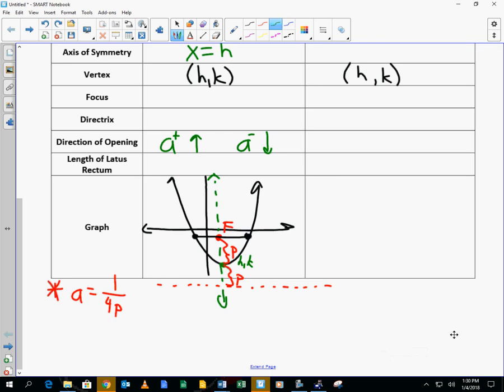Now, what we want to do is write an expression that can tell us the location of the focus. Well, from the vertex, I move up p units. So will that change the x value of the vertex or the y value of the vertex? The y value. So the focus still has an x value of h, but I'll take k and add p to it.